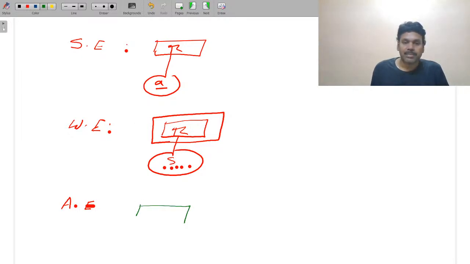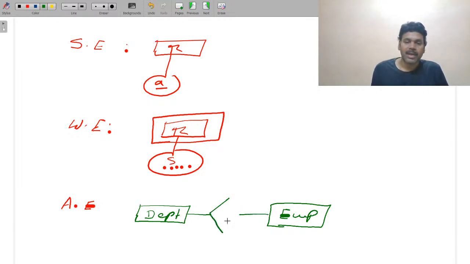For example, there is a department entity and there is an employee entity, and they are under a many to many relationship. So when a many to many relationship is available, you need to also create this entity separately. That's why I am creating an entity over the relationship.